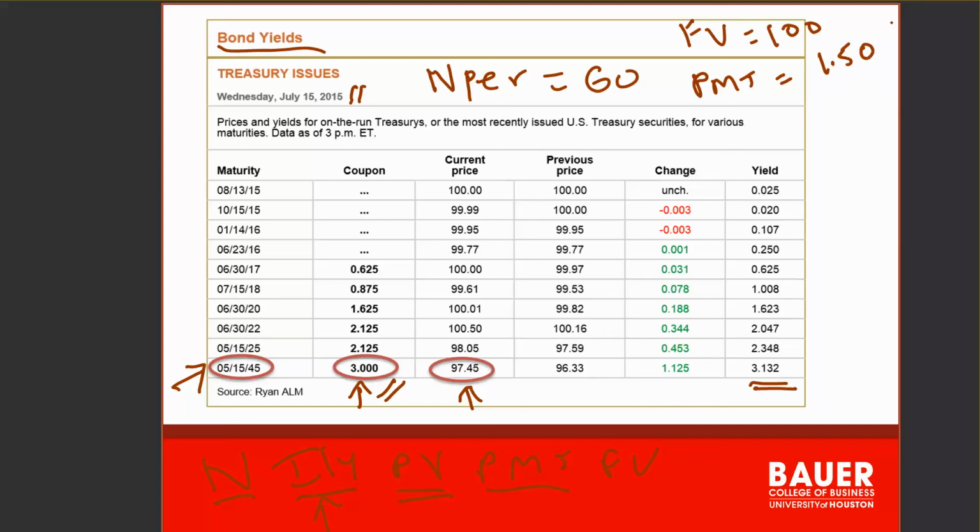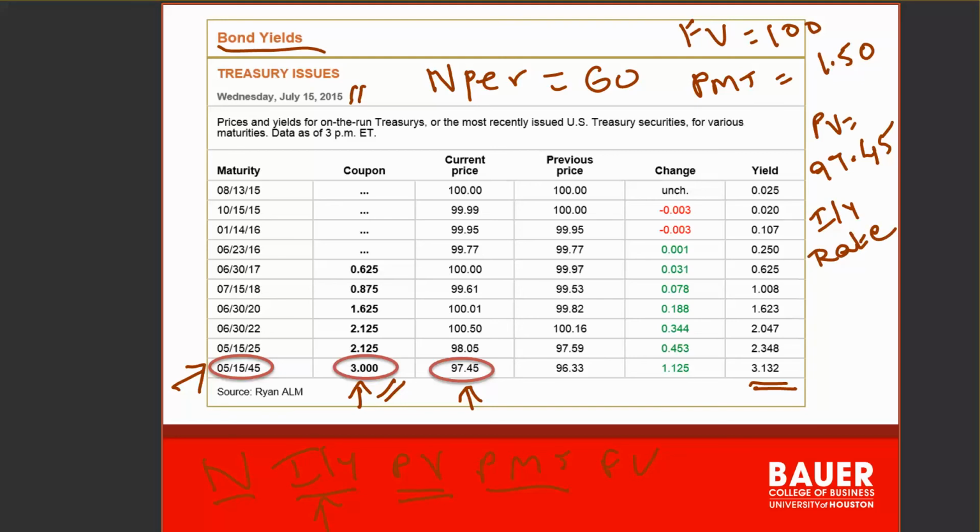Okay, the price, which is given to you, $97.45, is the present value. And if you're computing it on your calculators, it's going to be your I/Y. On Excel, it's going to be your rate, right?